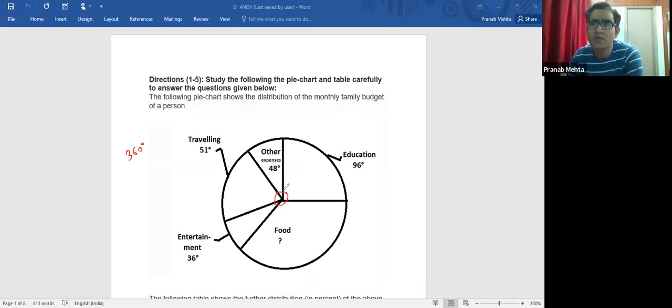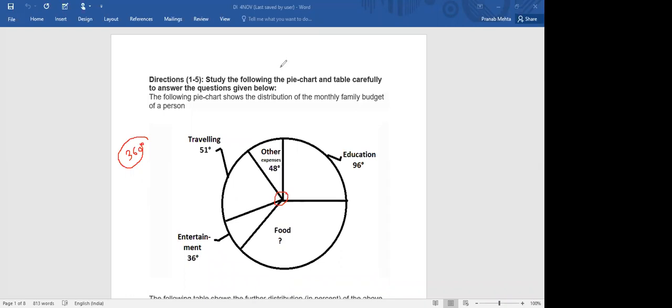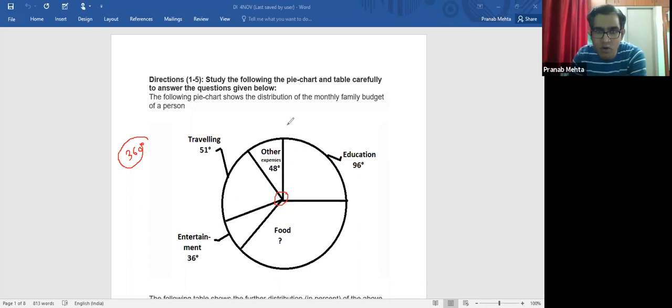There are different ways of understanding the data. What I always prefer is that when there are 360 degrees, a person has some expense, and his expense has been distributed in terms of education, others, traveling, entertainment, and food. One interesting thing is that they have not given the food value. So the food angle has not been given to us.